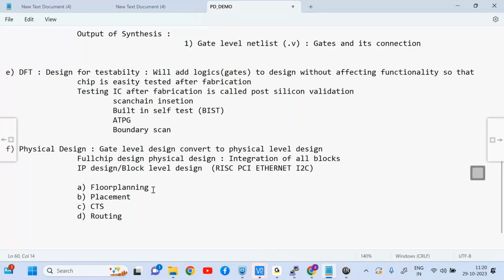And in each stage we have to do STA, which means static timing analysis. After placement do STA, after CTS do STA, after routing you do STA. In each stage you have to do static timing analysis.